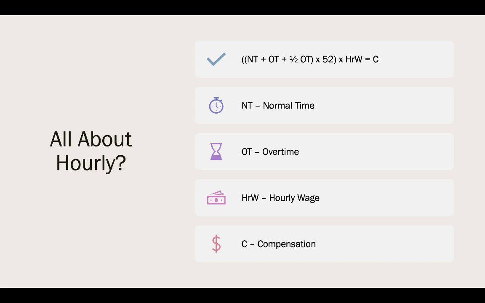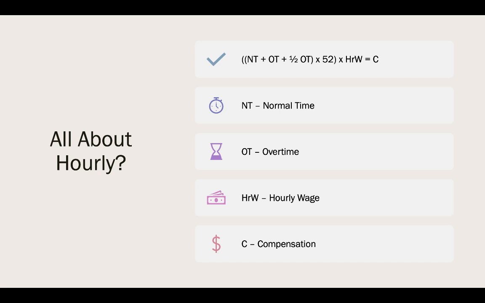So, quick formula for you, where we have some amount of normal time that is paid. Let's say we're paying $15 an hour, so 1 hour of normal time is worth $15. We've got overtime, so that's any hours worked over 40 hours per week.